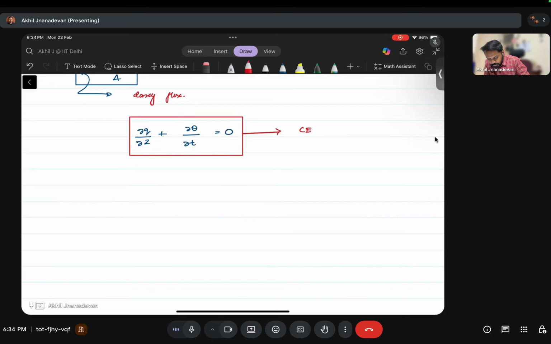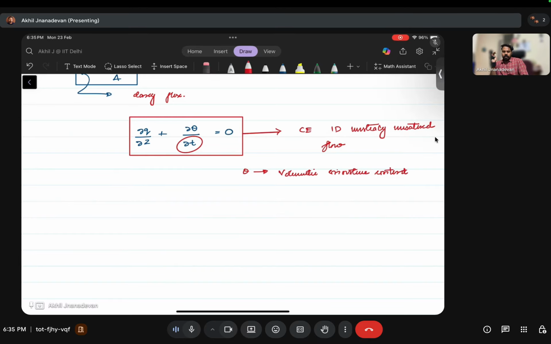This is the continuity equation of 1D unsteady unsaturated flow. Here you can see it is changing with time, that's why dou theta by dou t. Theta is the volumetric moisture content in the soil, and Q is the Darcy flux.